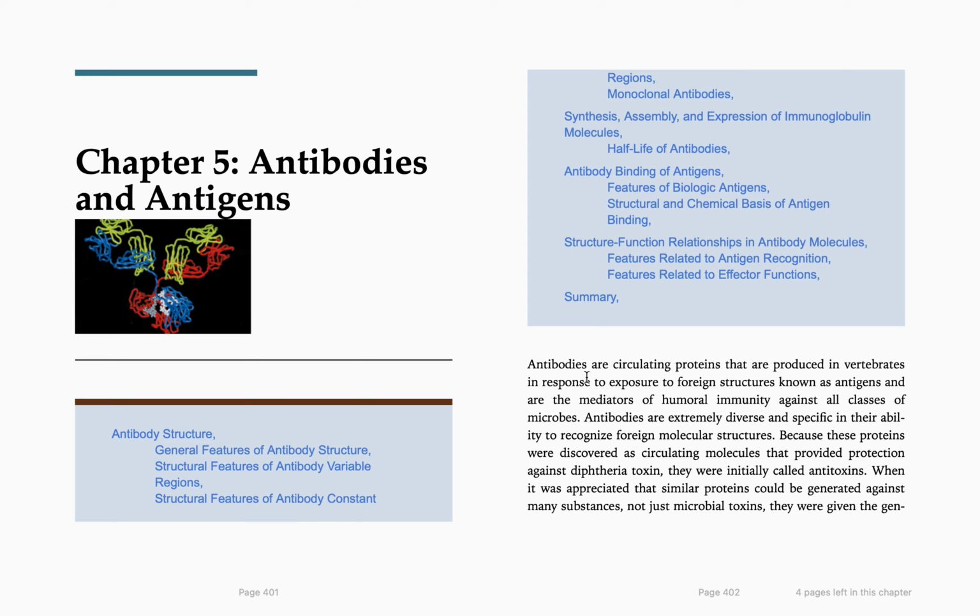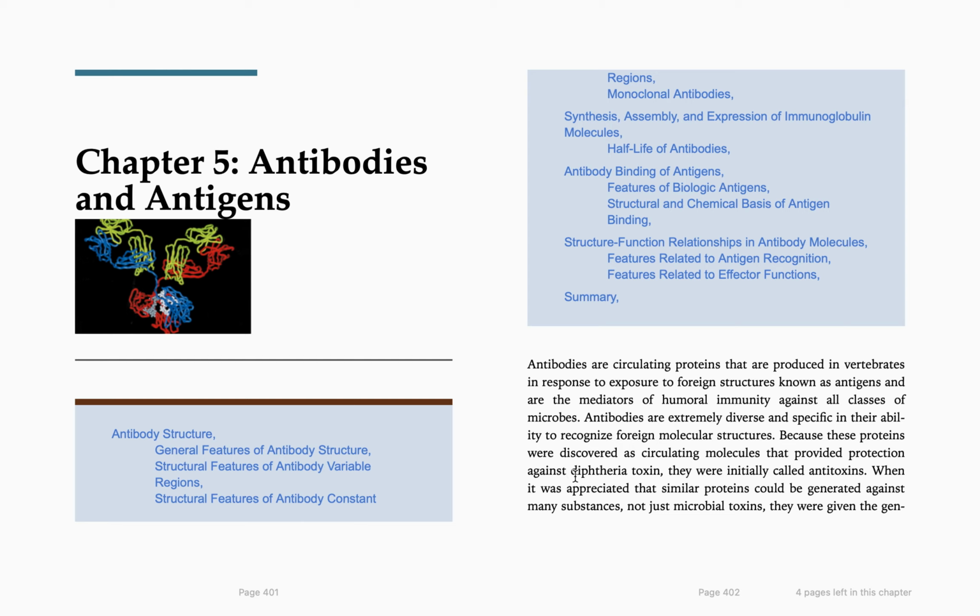Antibodies are circulating proteins that are produced in vertebrates in response to exposure to a foreign structure known as an antigen, and are the mediators of humoral immunity against all classes of microbes. Antibodies are extremely diverse and specific in their ability to recognize foreign molecular structures.